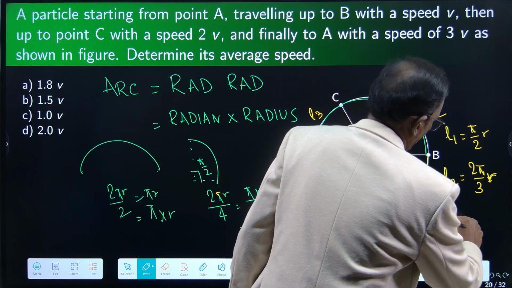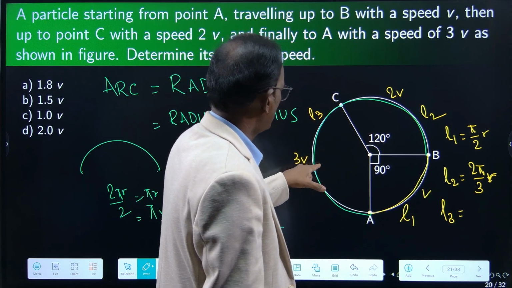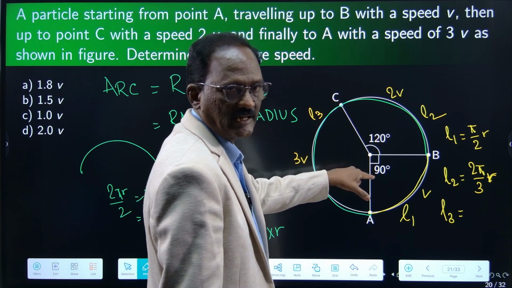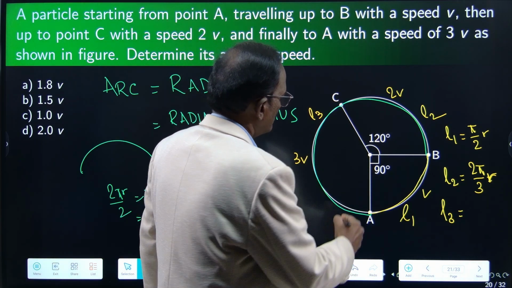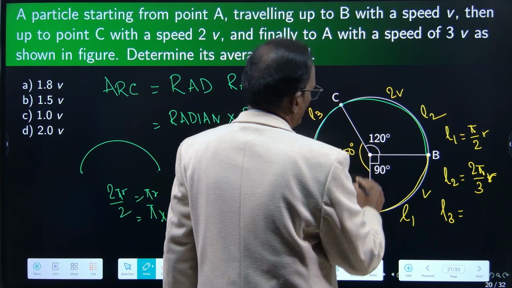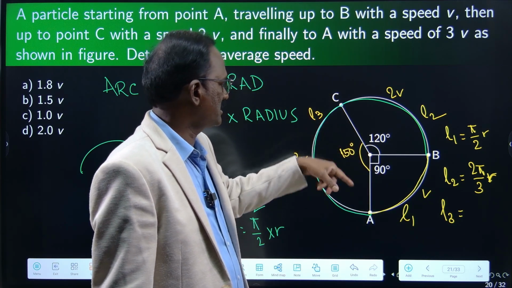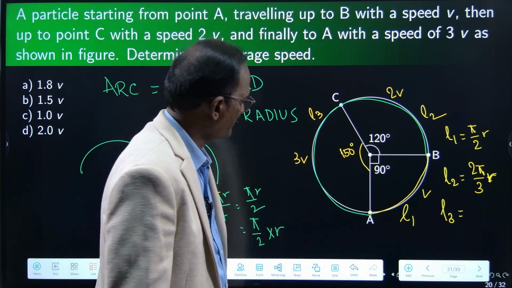Then arc L3. This is 120 plus 90, this is 210. So this must be 150 degree. It is not given, 150 degree. 120 plus 90, 210. So 360 degree minus 210 is 150 degree.